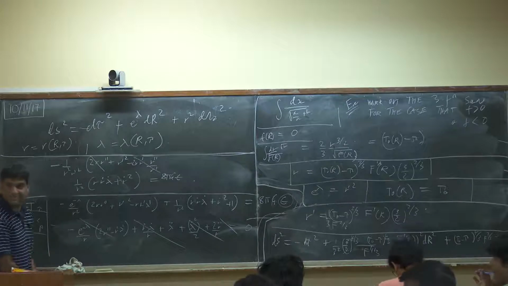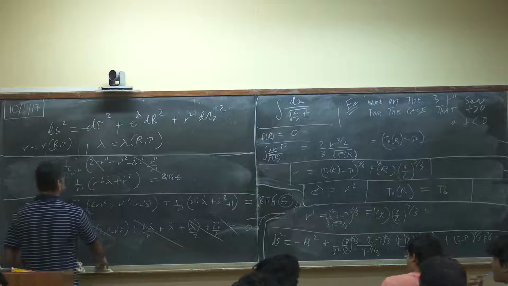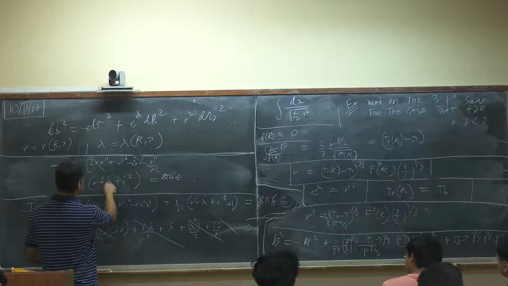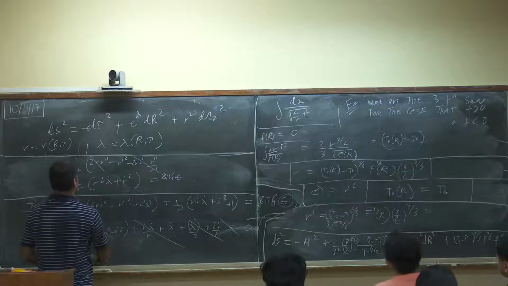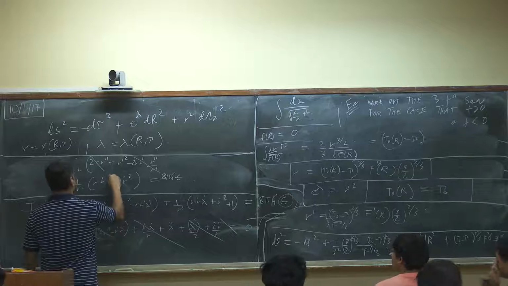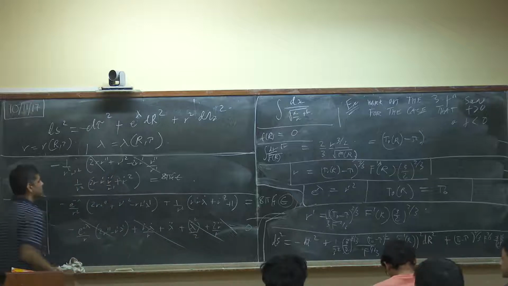That's what remains. Now we need to put in what this was. This was r dot prime by r prime with a 2.